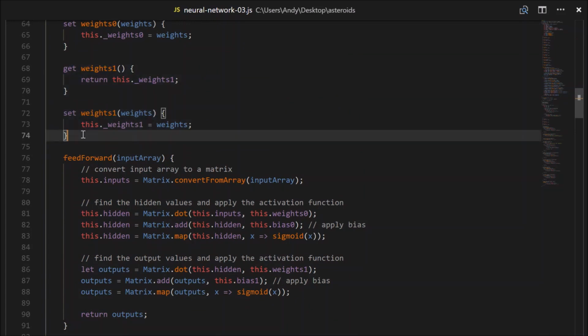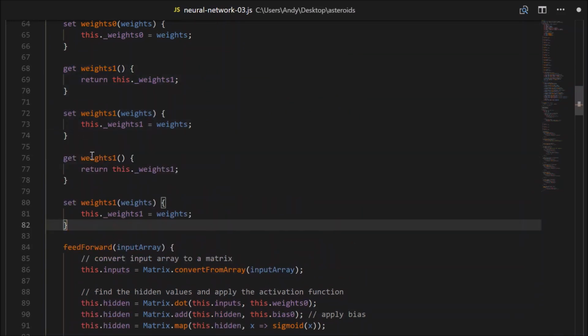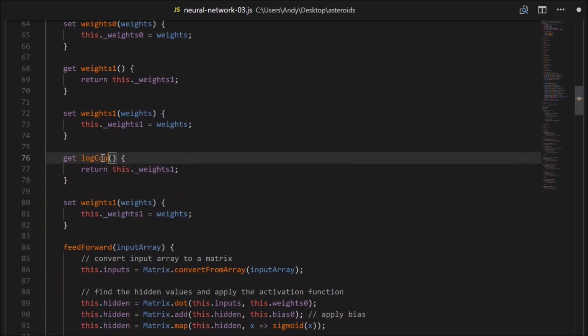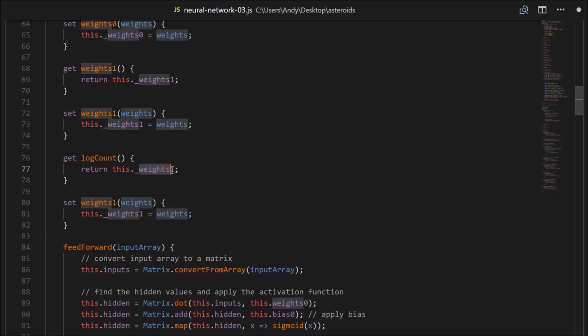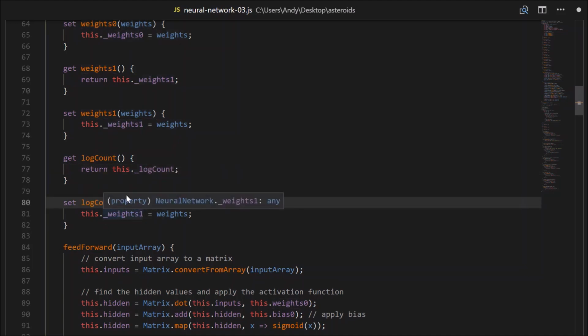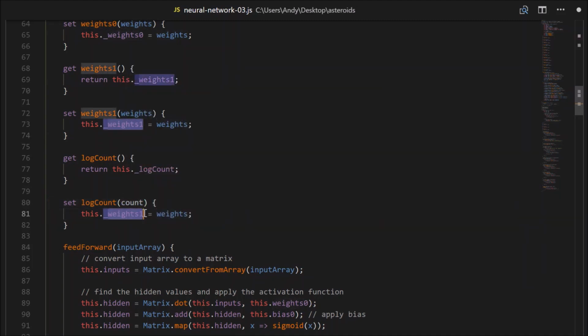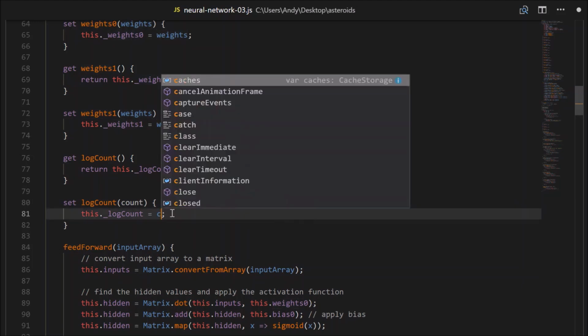It's not technically private, I'm kind of making it private, I should say. So get log count, return this log count, set log count, this log count equals count.